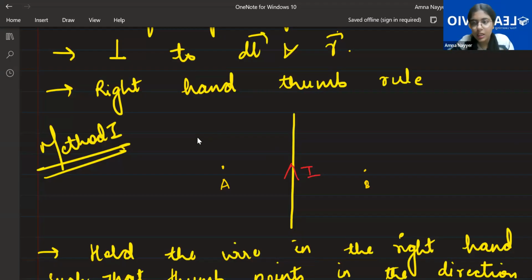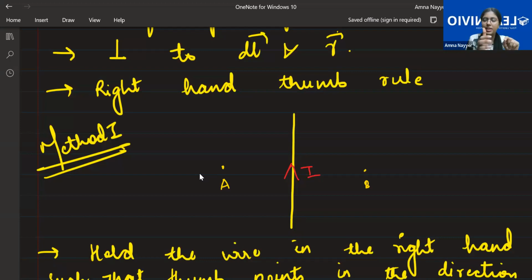You will just put your thumb according to the direction of the current. Now see, Riddhi, if this is the thumb, let's talk about this A point. A point is situated towards the left side. Your left may be something else, since in the camera it gets reversed. So this is the A point here.